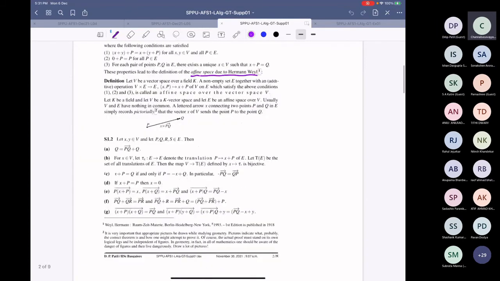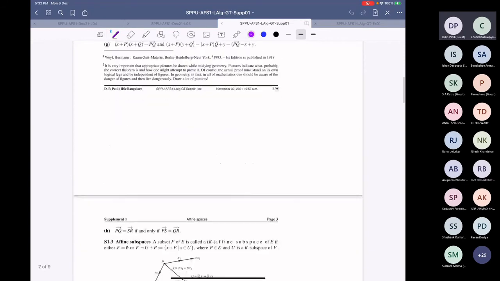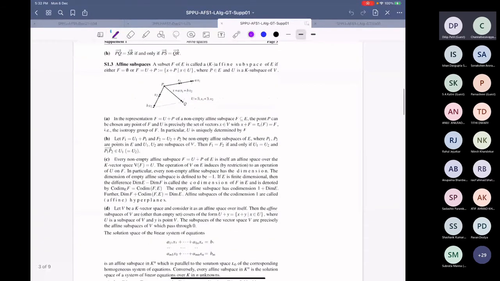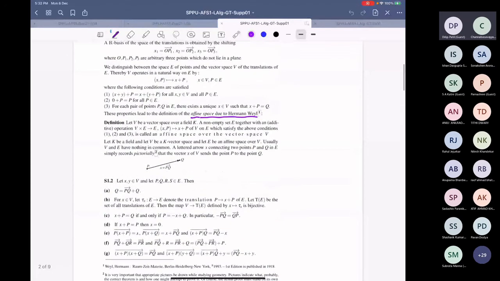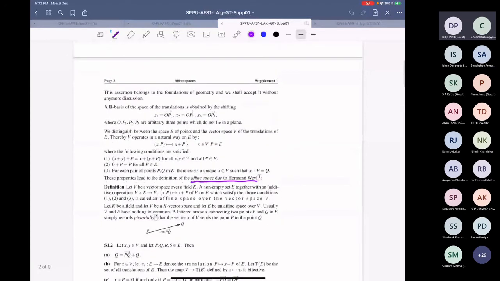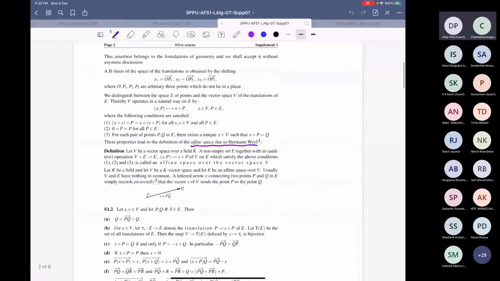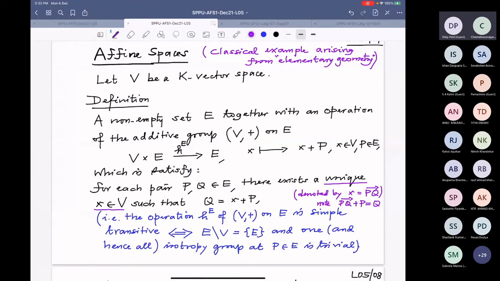All this we were doing in school geometry, and that actually gave us the definition of Hermann Weyl, which I mentioned. That is the affine G space definition. So that is where I want to start.